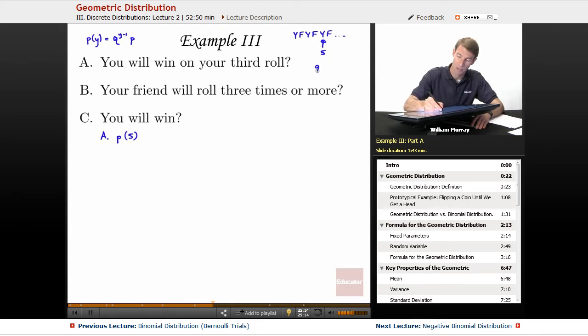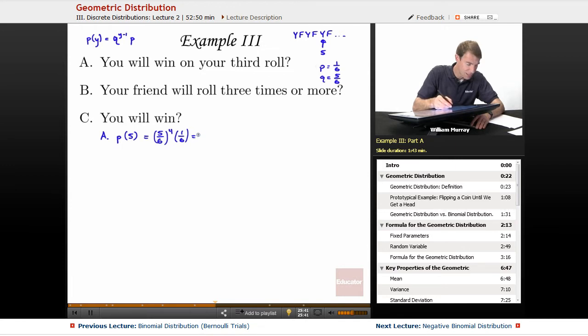And we already said on the previous slide that our p for this game is 1/6 because that's the probability of getting a 6 on any particular roll. And our q is just 1 minus p, so that's 5/6. So in this case, p of 5 is q to the y minus 1. That's 5 over 6 to the y minus 1. Y is 5 here, so that's to the 4th, times p is 1/6.